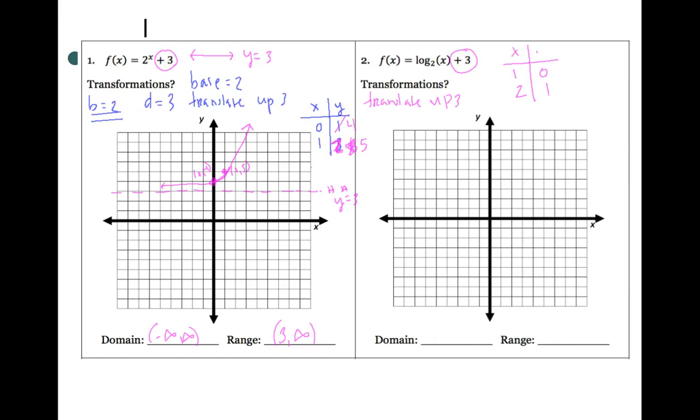So x, y. What's going to affect y? So now this is going to be 3, and this is going to be 4, right? So this has a vertical asymptote. If I move something up and down, the vertical asymptote is still going to be x equals 0. So let's go ahead and start with that.